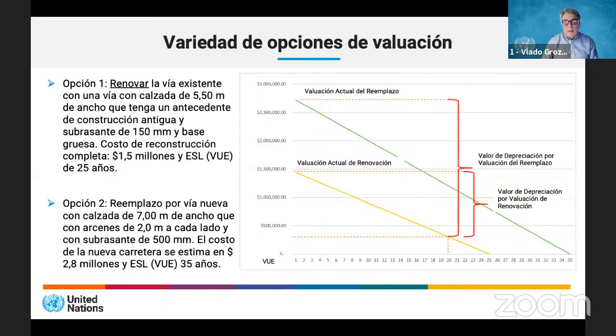When we choose to replace our assets, on the other hand, this valuation can be used to determine the relationship between our existing asset to what standard it is or what level of service it is providing. Then we should decide either we're going to replace it or renew it.